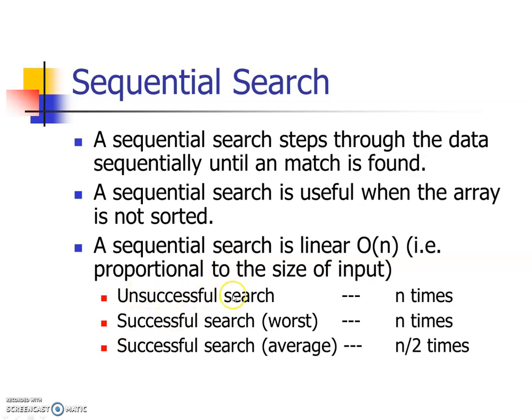If it is an unsuccessful search, you need to go through all positions and then report that it is not there. In the worst case scenario of a successful search, the element is in the very last location, so you still need to search every single one until you find it.